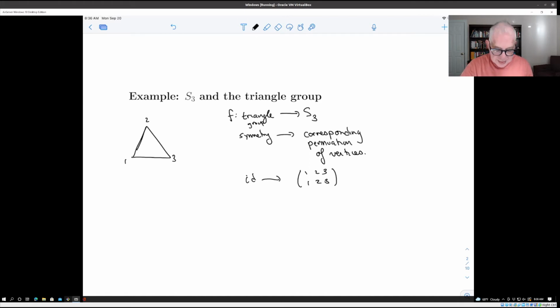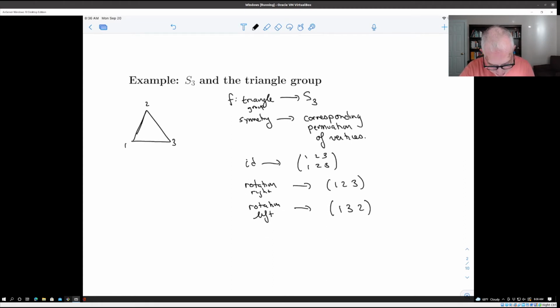And if we use cycle notation, it's a little easier to write this down. The rotation right goes to the 3 cycle 1, 2, 3, the rotation left goes to the cycle 1, 3, 2, and then the 3 reflections correspond to the transpositions 2, 3, 1, 3, and 1, 2.